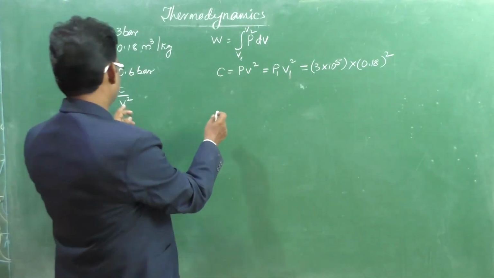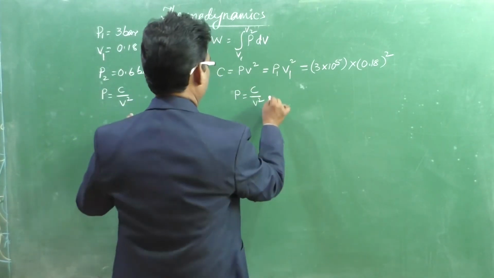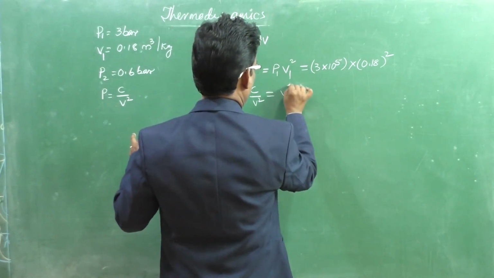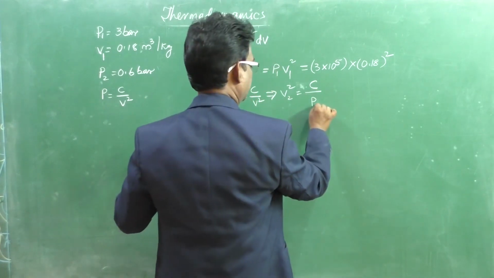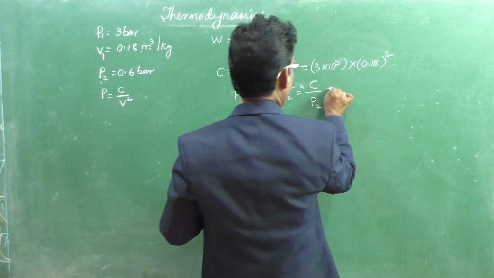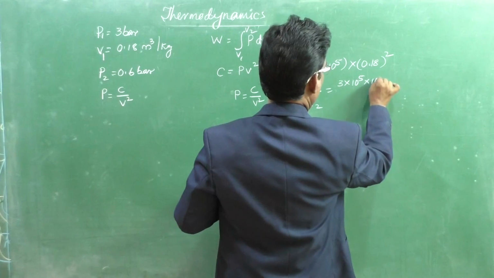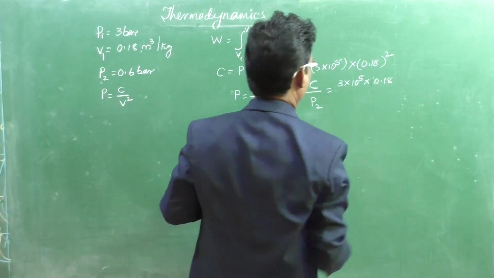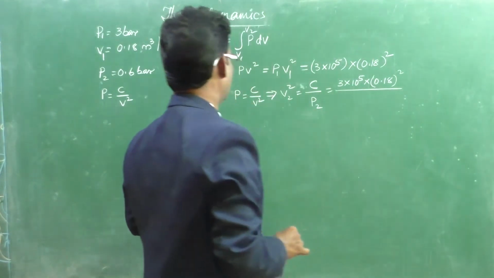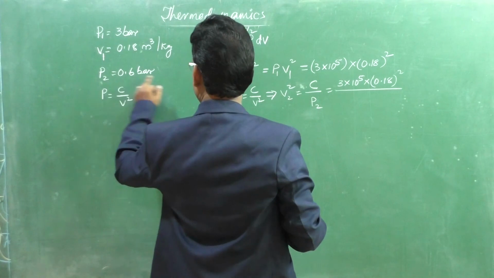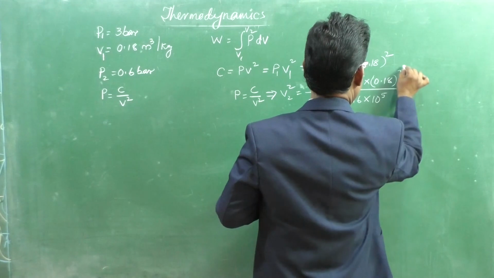Here, by using this equation, P equal to C by V square, that implies V2 square is equal to C by P2. C equal to 3 into 10 to the power of 5, 0.18 square, divided by 0.6 into 10 to the power of 5.